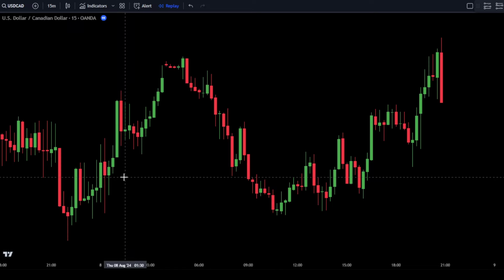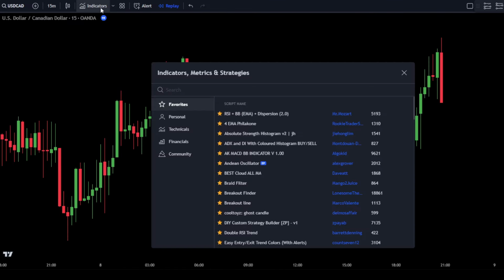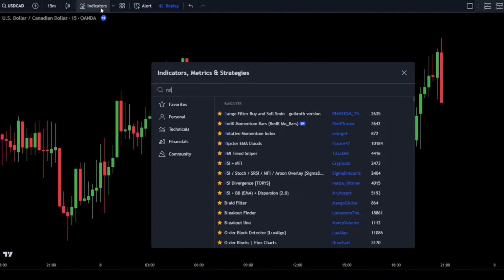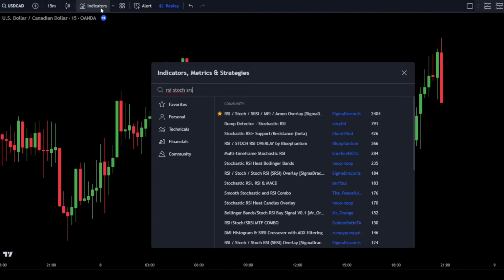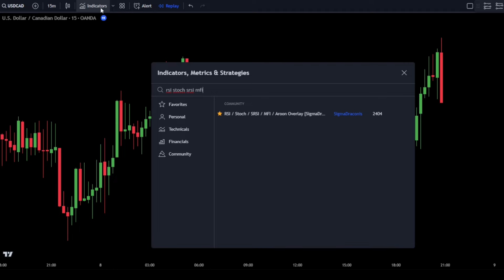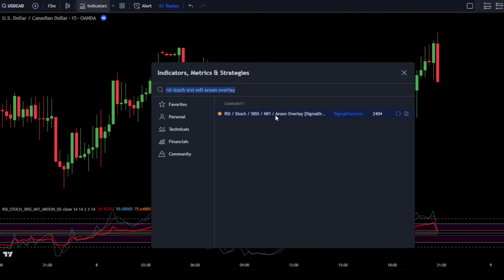Once that's done, go to the Indicator Search tab. In the Search tab, type in RSI Stoch SRSI MFI Aroon overlay. Then, select the RSI Stoch SRSI MFI Aroon overlay indicator by SigmaDraconis.